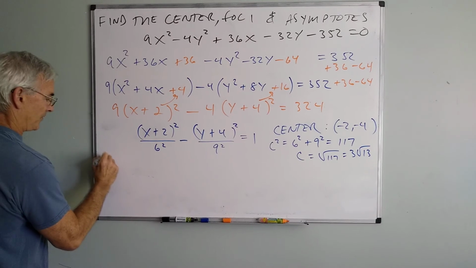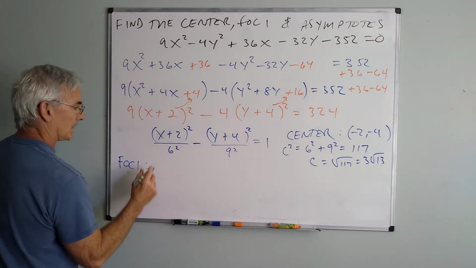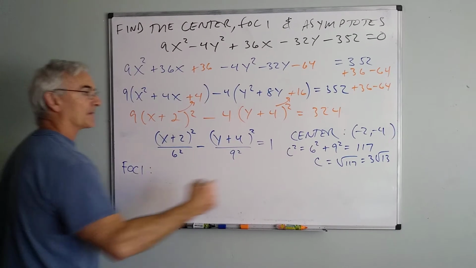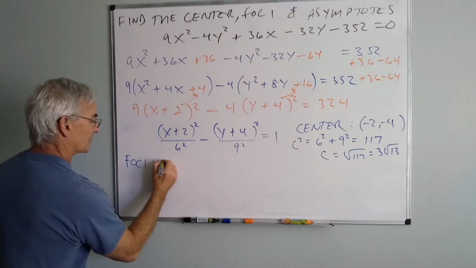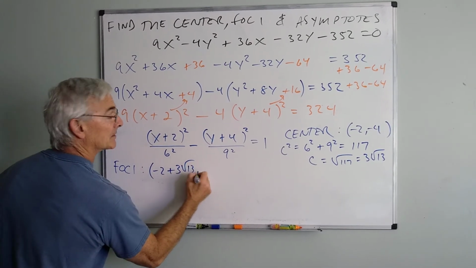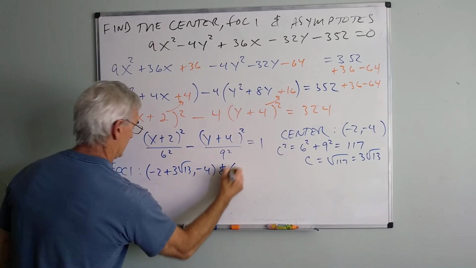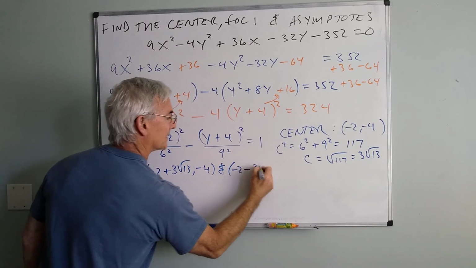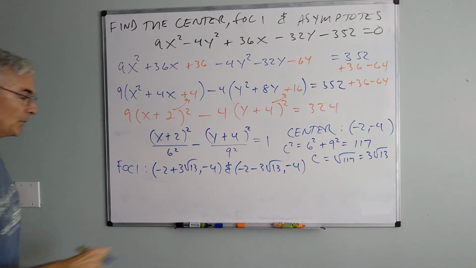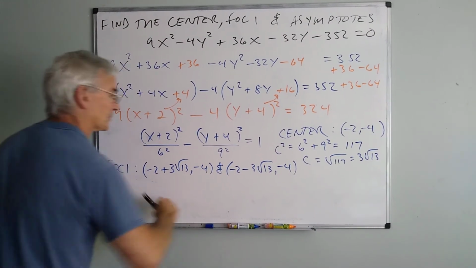So therefore my foci, and because this thing here opened up horizontally, I will add that value to the x-coordinate. So the foci will be negative 2 plus 3 root 13 comma negative 4, and negative 2 minus 3 root 13 comma negative 4.